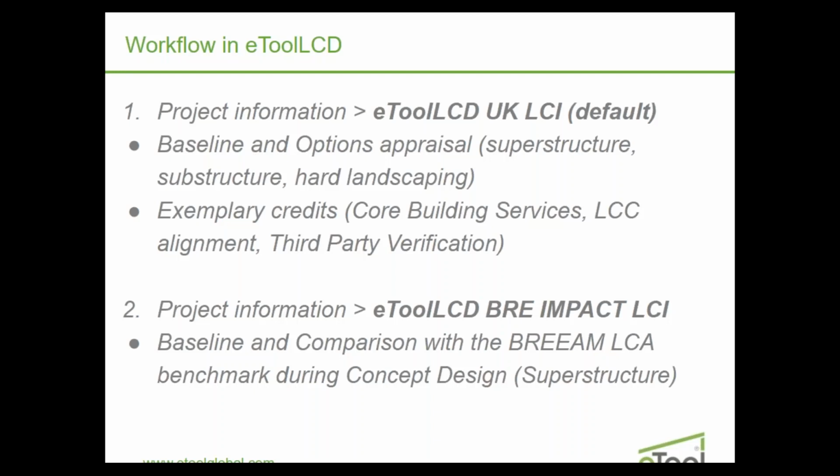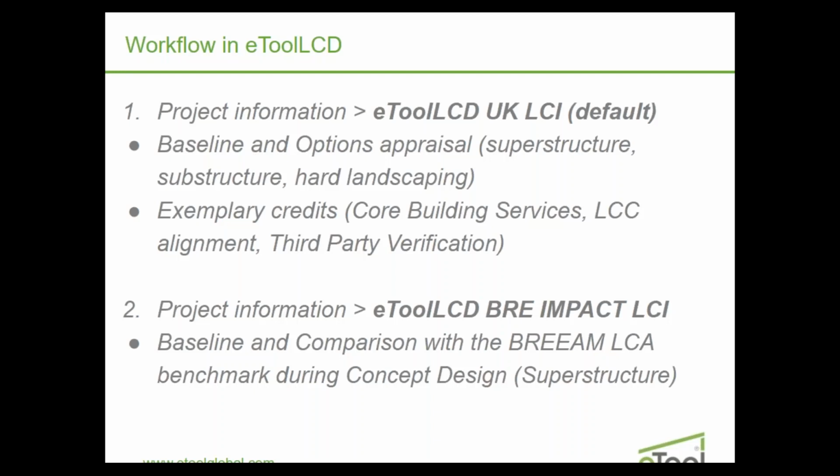Then you also model the exemplary credits, the core building services that we're covering today. And also you do your LCC alignment and submit for the verification to get the third-party exemplary credit. So that's all done in one model.